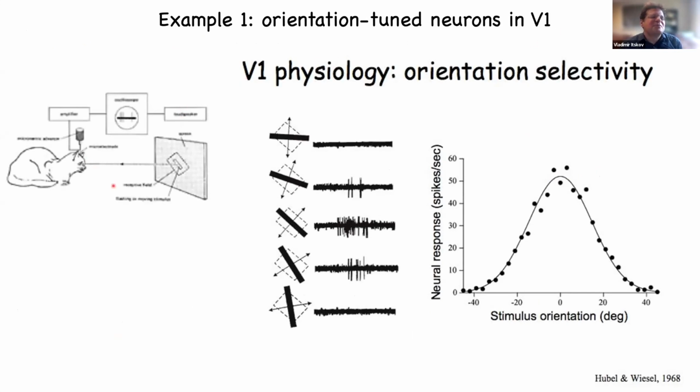As most of you are well familiar with, there is a cat watching a movie, and it is shown bars at various orientations. Here the stimulus space is literally a circle, just the orientation of a bar. Measuring the firing rates of a single neuron, Hubel and Wiesel inferred this nice curve. And as you see, it's nicely unimodal. In slightly more mathematical language, this is a concave function.